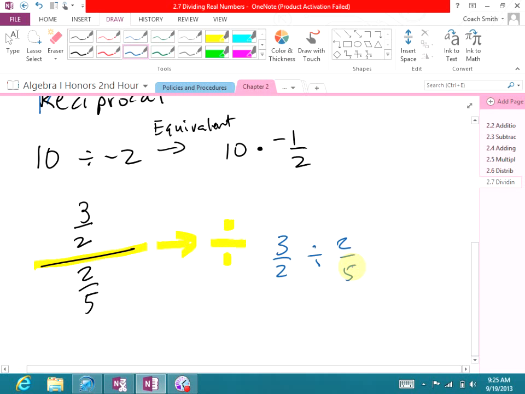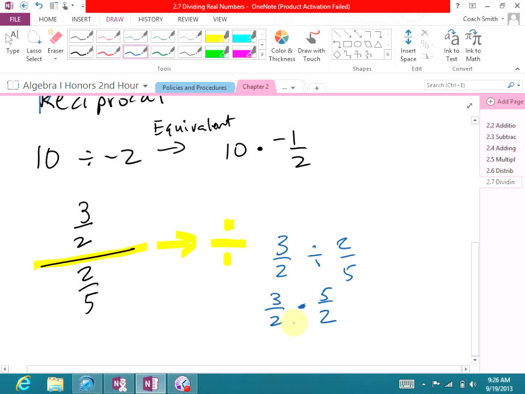Now, obviously, they'll throw a negative in here or there, but it doesn't change what the fundamental principle is. That's 3/2 divided by 2/5, and so, therefore, 3/2 times 5 over 2. Some of you missed this on the test the other day. When you multiply, you have to use the bottom numbers.